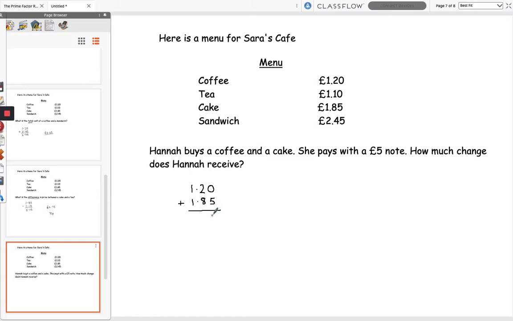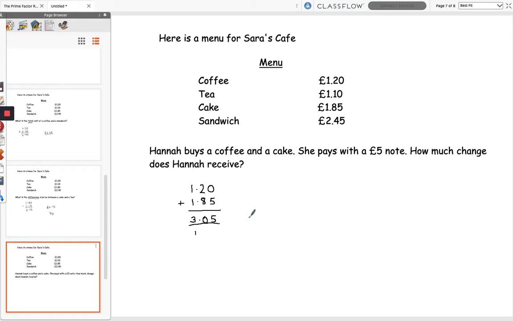0 add 5 is 5, 2 add 8 is 10, so I write the 0 down and carry the 1 across, and 1 add 1 is 2, add the 1 that I've carried across is 3. So the total cost of a coffee and a cake is £3.05.